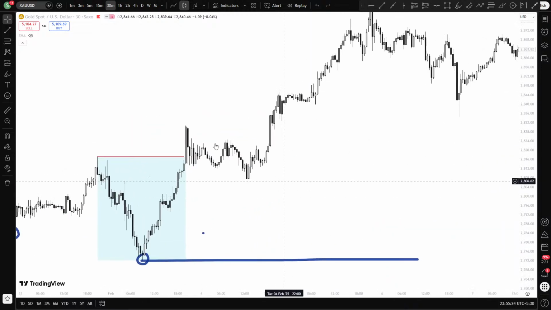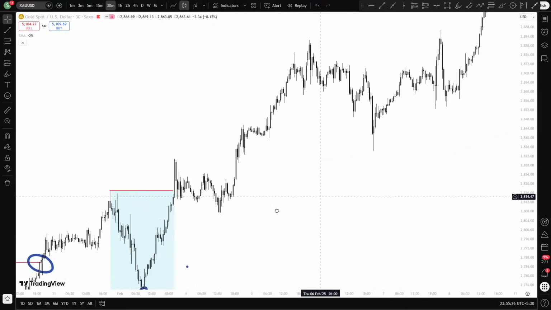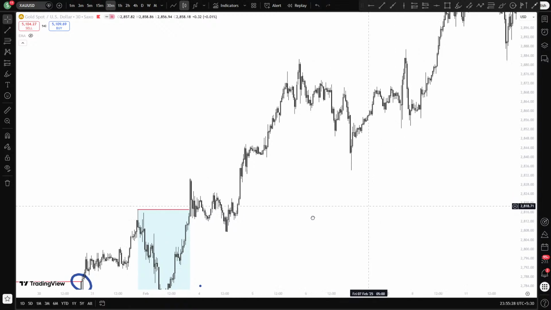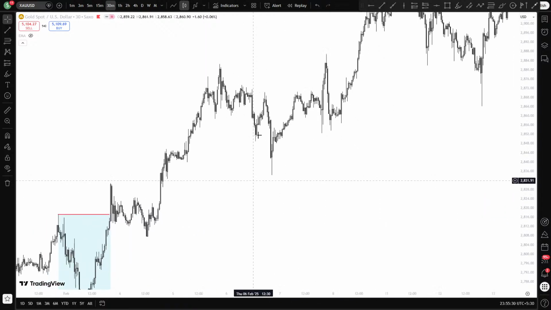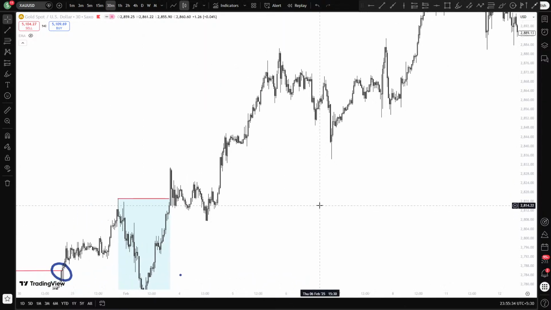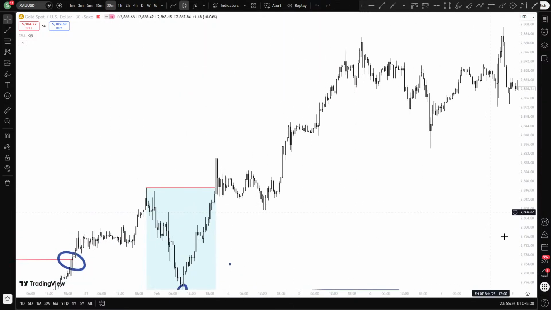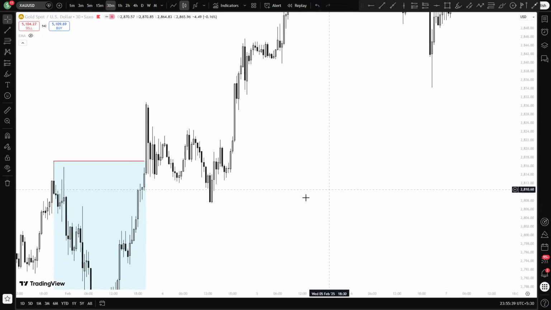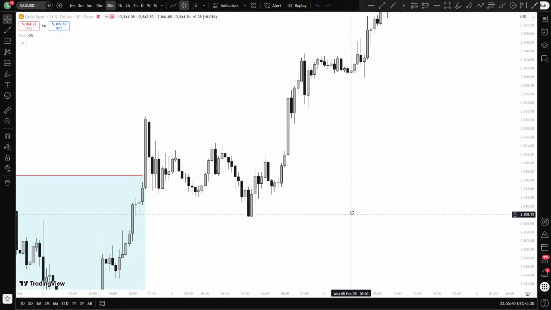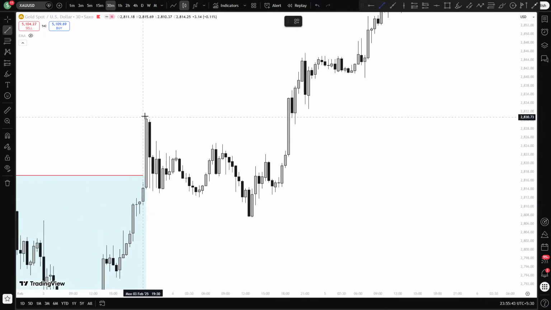Let's continue. We are not going to mark this structure, but we're going to come with this one. You can still mark it. For the sake of marking, we need to mark it first, just to get an understanding. We have a higher high here, but this is not a verified higher high.